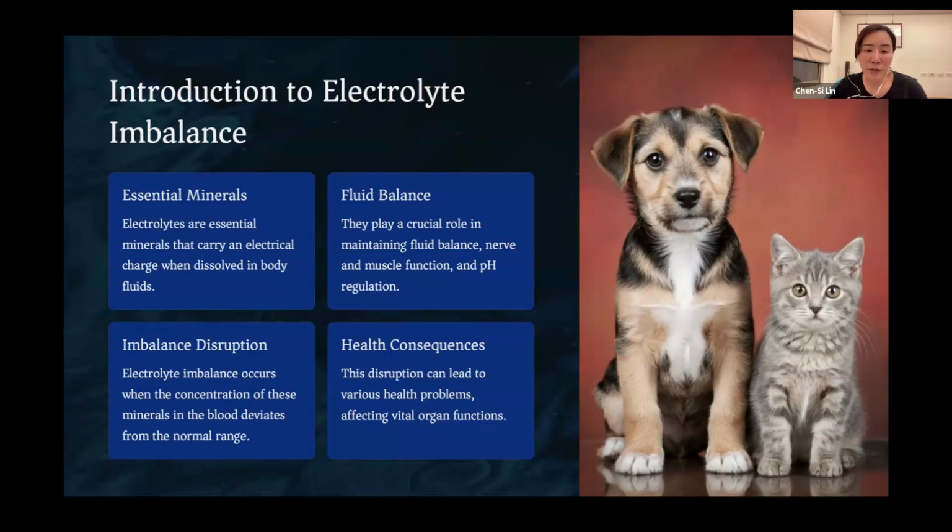These electrolytes are also responsible for the normal function of our nerves and muscles. Especially potassium, calcium, and magnesium are important for normal nerve stimulation and transmission, and they maintain normal muscle function, making the muscle contract normally.